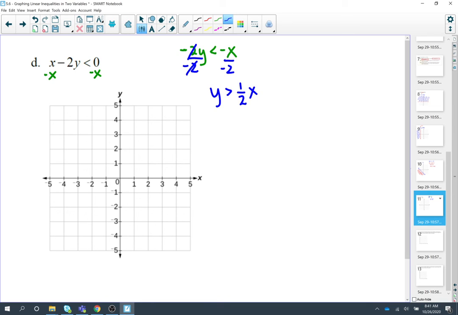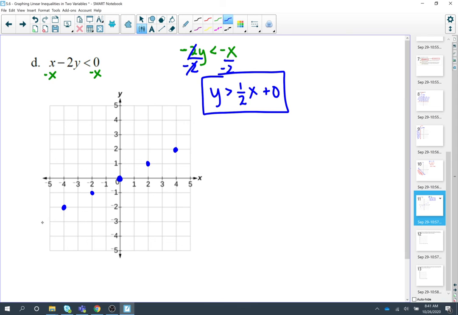The y-intercept here is still plus 0. And then slope rise 1, run 2, rise 1, run 2, or we could go the other way. And then dotted or solid line. This time we're dealing with strictly a greater than sign.